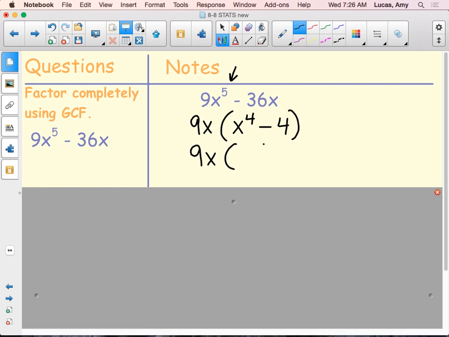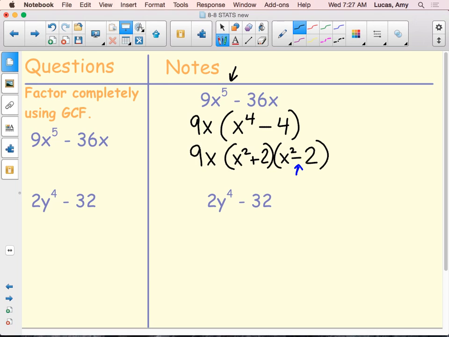Now I can factor that. It's a difference of squares. X squared times x squared is x to the fourth, and 2 times 2 is 4. This one does not factor again because 2 is not a perfect square. So this one I'm done factoring now. So even though I have a minus for difference and x squared is a perfect square, 2 is not.